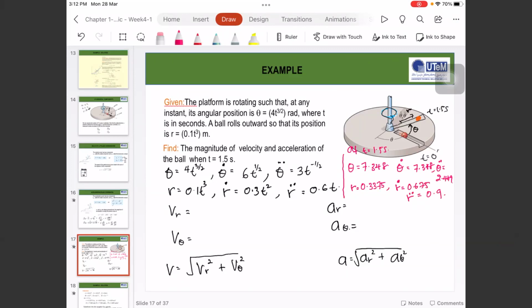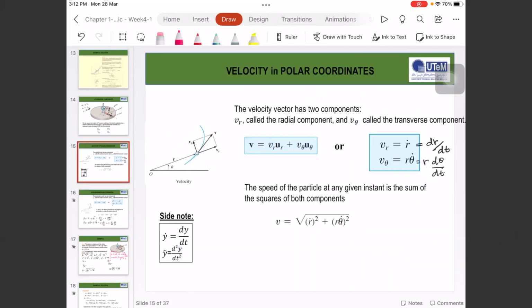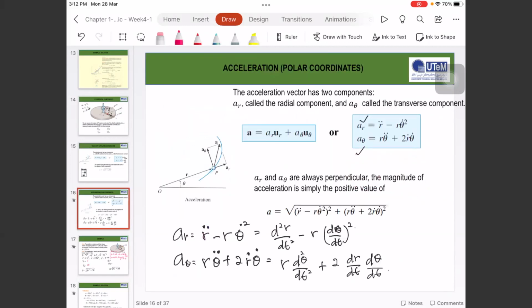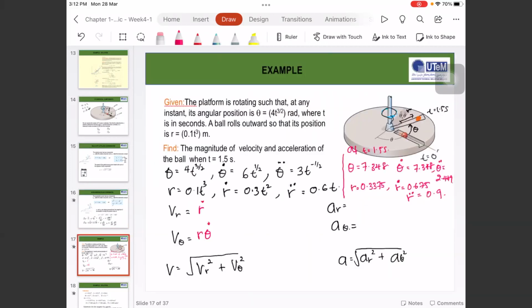Kalau tak boleh tengok balik V_R is equals to R dot, V_theta is equals to R theta dot. So this is equals to R dot, here is R dot. Okay, and then for A_R you have R double dot minus R theta dot squared.